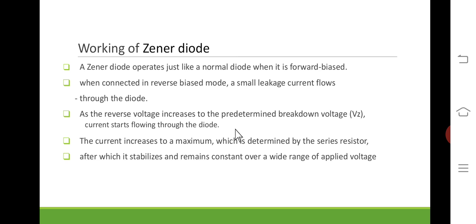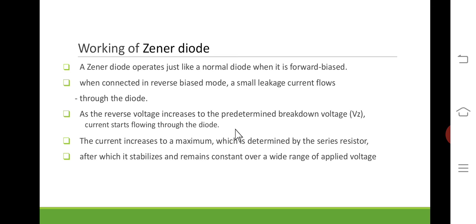Now let us move to the working of the Zener diode. Whenever we talk about a diode, we have two biasing conditions: one is forward bias and the other is reverse bias.